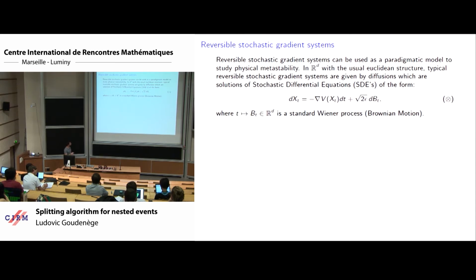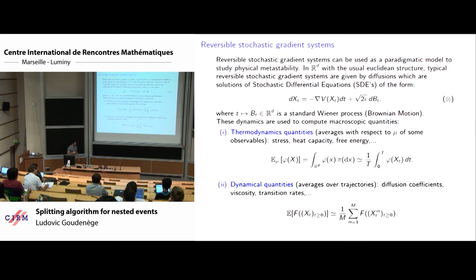You want to minimize the energy linked to this potential, and you have this excitation with some Brownian motion, and you have this small parameter epsilon, which is linked to the temperature of the box. If the temperature is very high, there is a lot of noisy movement of the particles, and if the parameter is very small, the temperature is very cold, so everything is deterministic and there is no agitation of the molecules.